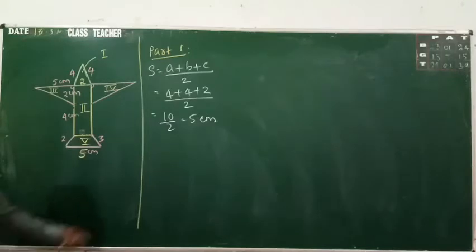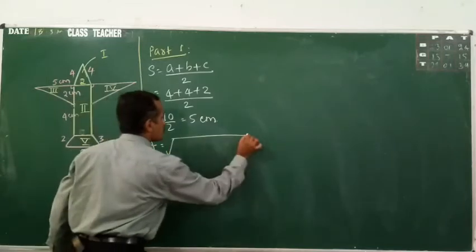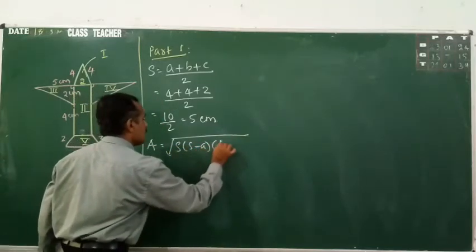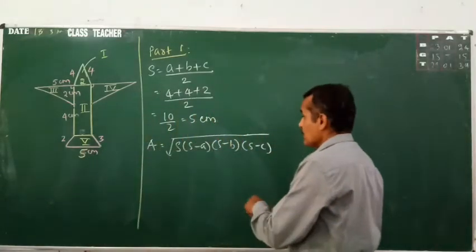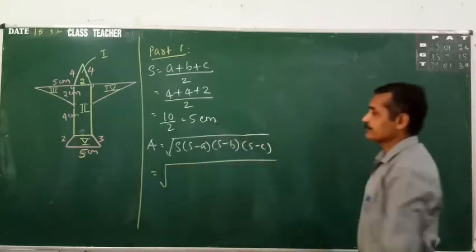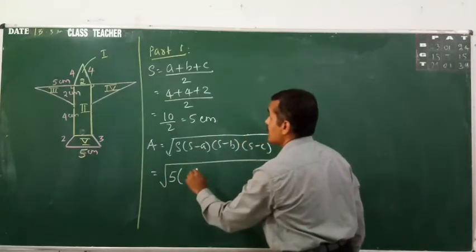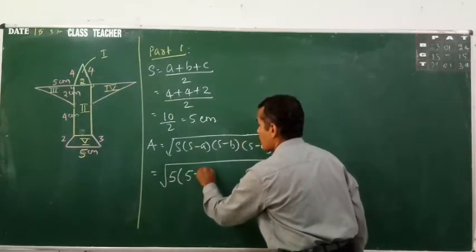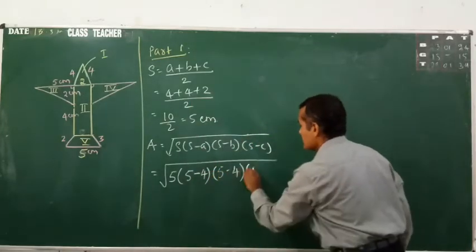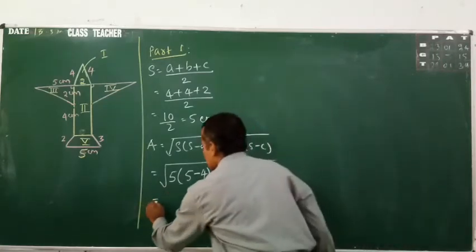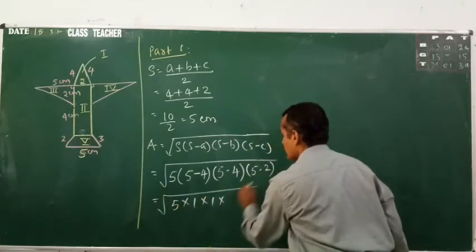After finding the semi-perimeter, you can find the area. Area is equal to under root S into S minus A into S minus B into S minus C. Which is equal to under root 5 into 5 minus 4 into 5 minus 4 into 5 minus 2, which is equal to under root 5 into 1 into 1 into 3.